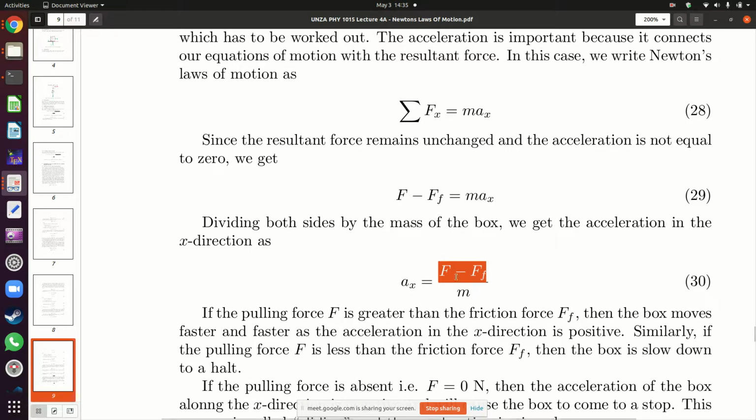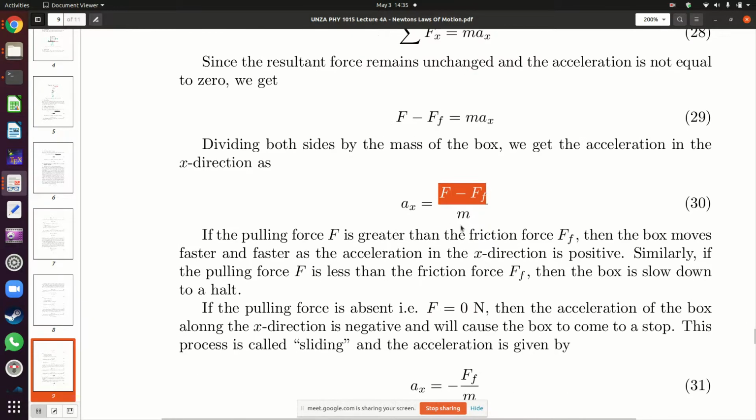So in this case, we have a resultant force. The pull force minus the friction force divided by the mass gives us the acceleration of the object. So it depends. If the pulling force F is greater than the friction force, then F minus F_f is going to give you a positive resultant force.